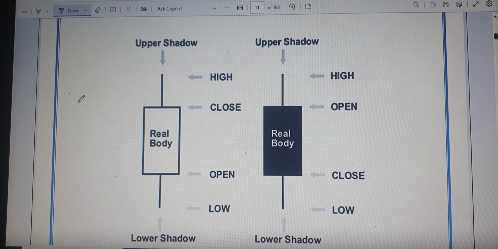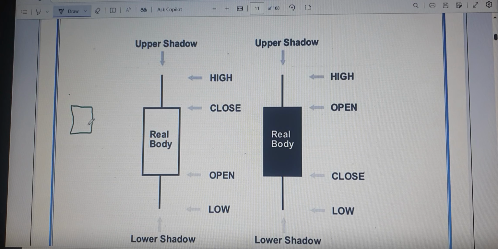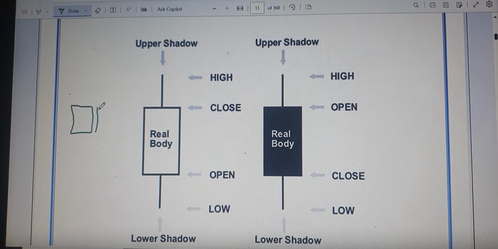Let's say the price has opened from here. We see it being pushed down this way, meaning the sellers are taking over. But now buyers come in strong and push it back up to this level, meaning this is no longer a body, it's now a wick.